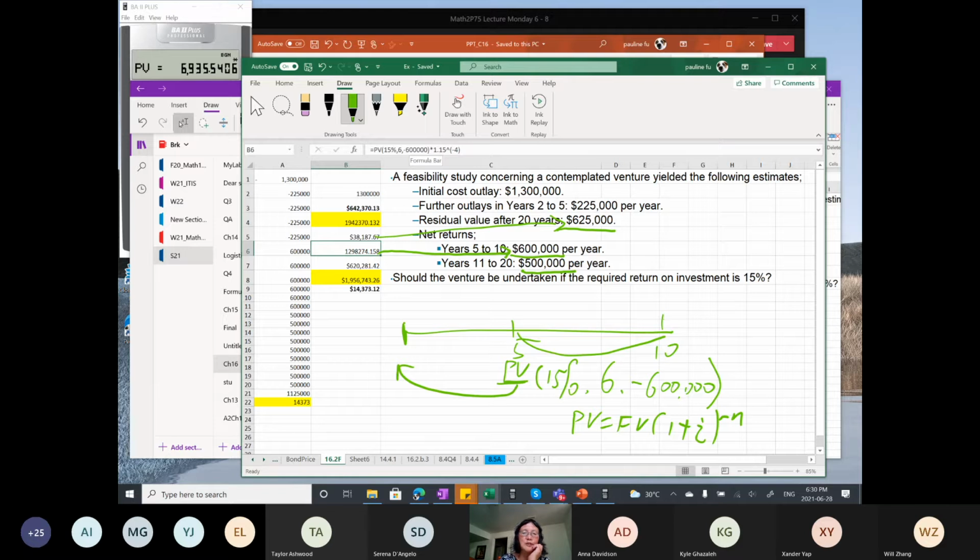Next, similarly, we calculate the present value from year 11 to year 20, where you have 500 per year.